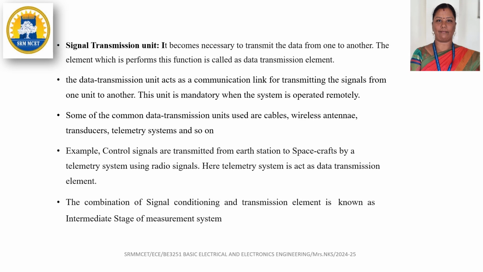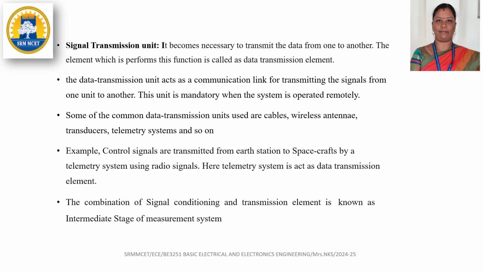The next functional block is the signal transmission unit. The signal transmission unit is mandatory when the measured data has to be transmitted to a remote place. The data transmission unit acts as a communication link for transmitting the signal from one place to another. Some common data transmission units are cables, wireless antennas, telemetry systems, and so on.